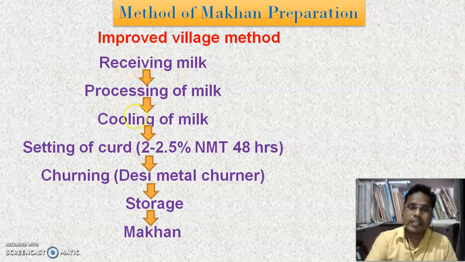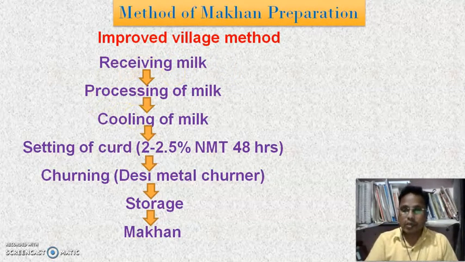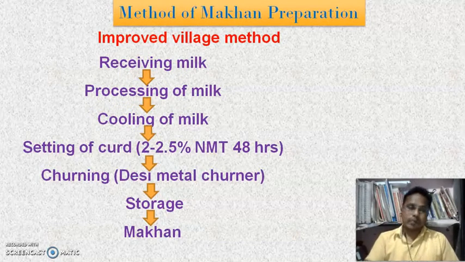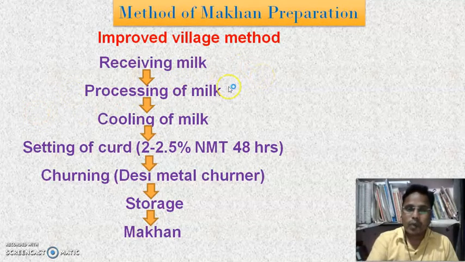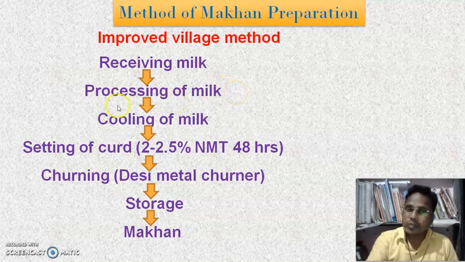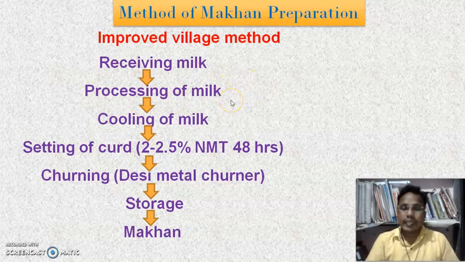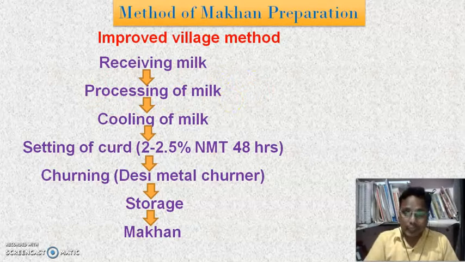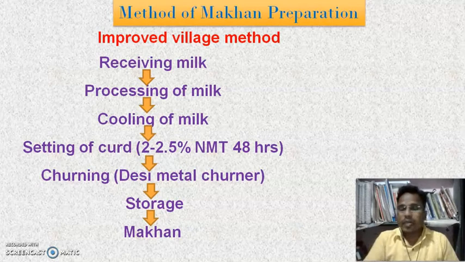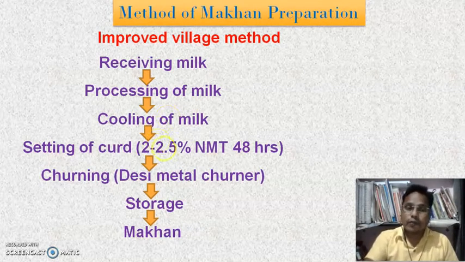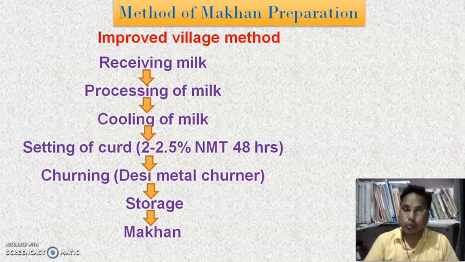Okay, so the next step is the processing of milk. Processing of milk means the heating of milk, boiling of milk. And why is milk heated? The important objective behind the processing of milk is to kill the microorganisms present in milk, so it will become safe, or it will become a clean space for the desirable starter culture for their growth.